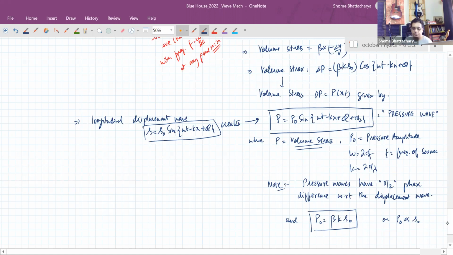The meaning of that, as usual, is that when the medium particles are at the mean position of their oscillation, that is when the stress is maximum. So either it will have a compression maximum or a rarefaction maximum at that point of time. Whereas whenever the displacement of the medium particles has reached the extreme position of its oscillation cycle, at that particular position, the pressure variation will be zero. The volume stress will be zero, which means the pressure will be the normal atmospheric pressure.